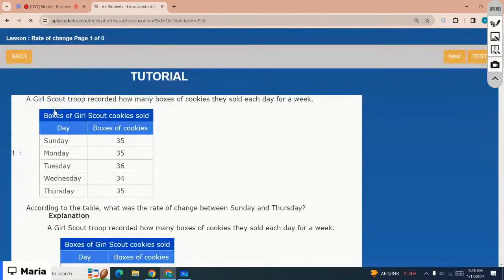Let's just start with the next lesson, that is rate of change.